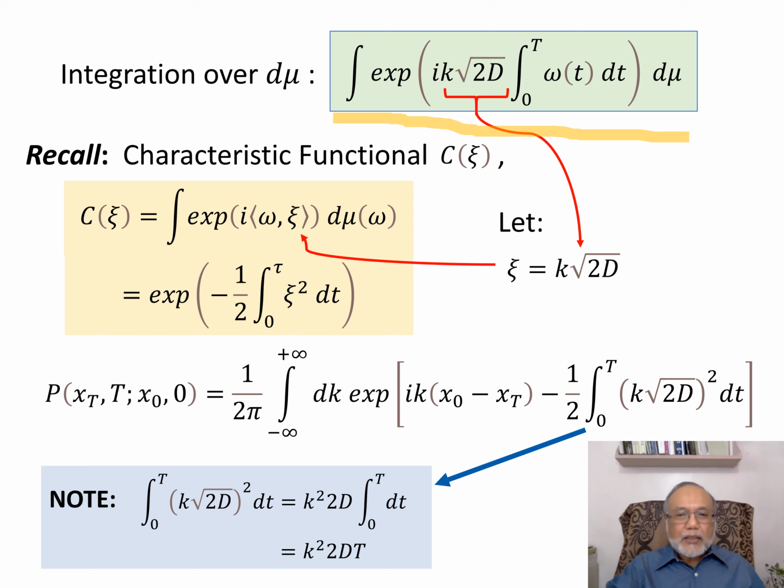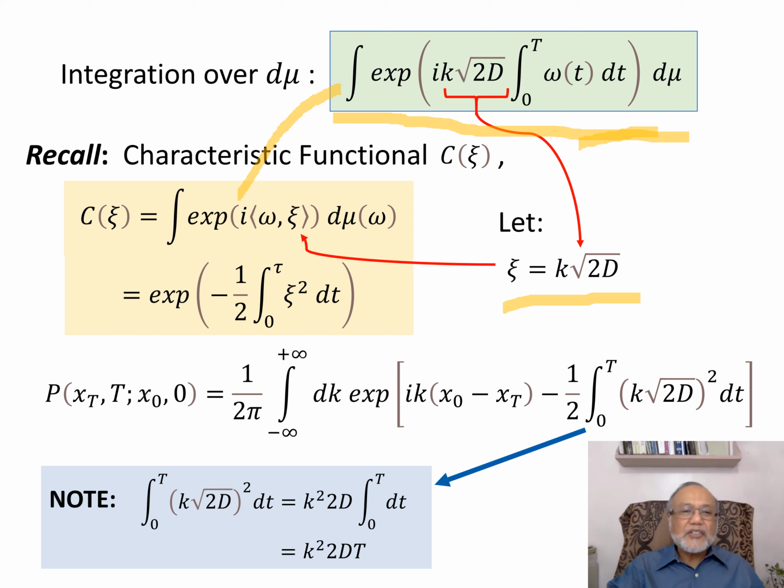we recall that we defined in our previous lecture the characteristic functional. And the characteristic functional exactly looks like the object that we would like to integrate. If you let, for example, this k square root of 2d to be psi, then this integration over d mu would look exactly like this.